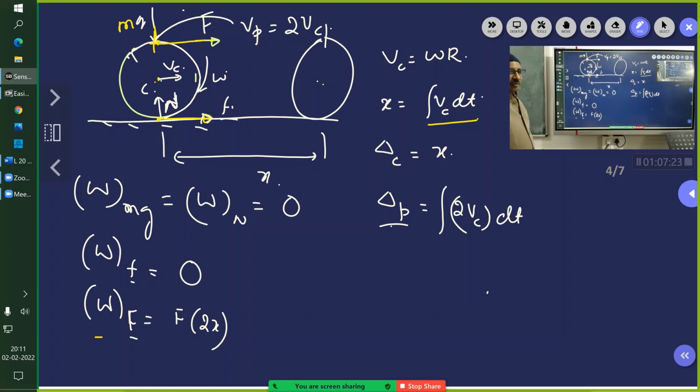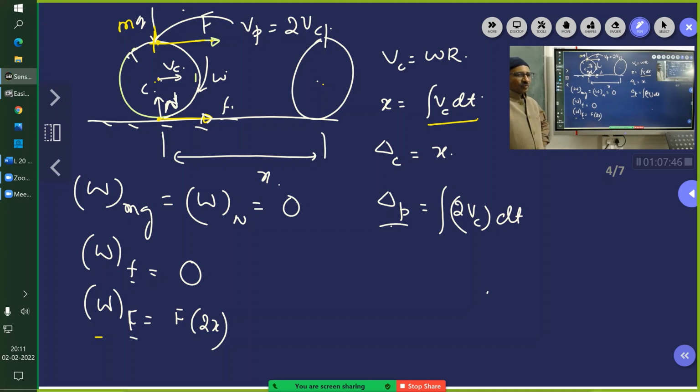Did you do it differently? Sir, like work done as tau dot d theta. Because it's rolling, you can consider the lowest point of contact as the instantaneous center also. So then that will be F into 2R, the perpendicular distance, 2R into F. So that is tau.